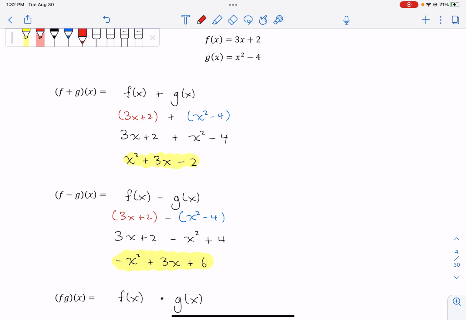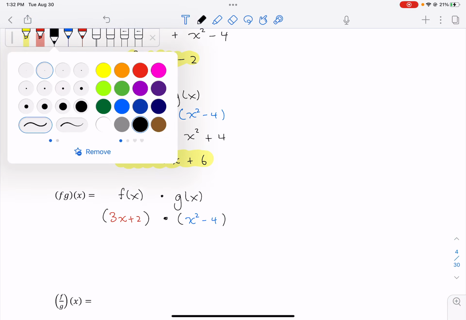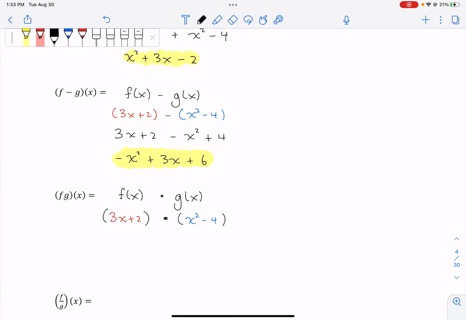So f of x is 3x plus 2 from earlier. And what we're doing is we're multiplying by g of x, which is x squared minus 4. We can use FOIL, we can use the distributive property.